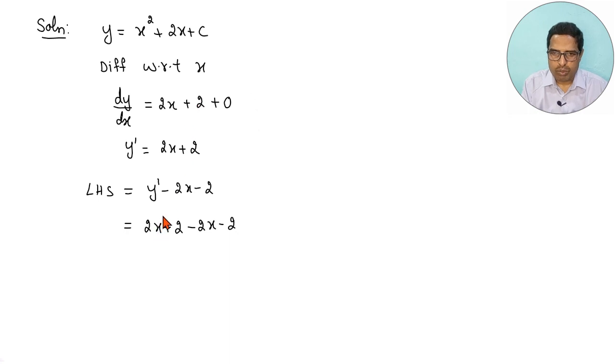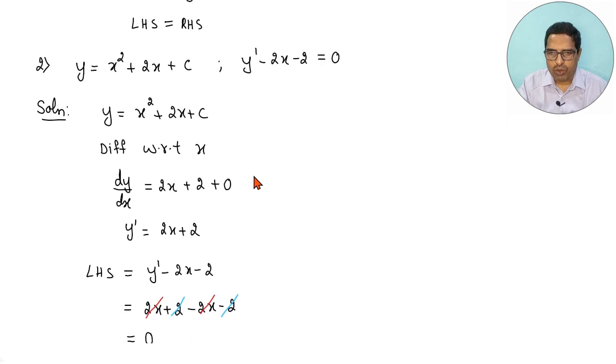We see that this positive and negative value will get cancelled, and this positive and negative value will get cancelled. So we are left with 0. Hence LHS equals RHS. We wanted to prove this result, y dash minus 2x minus 2 equals 0. So hence we have verified it.